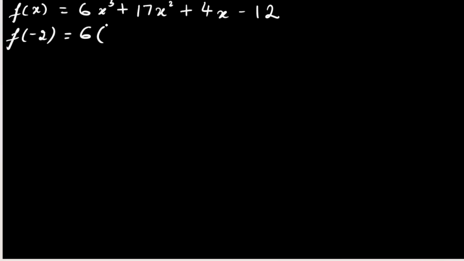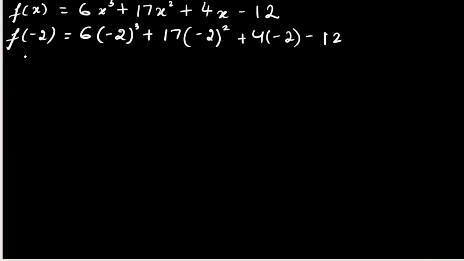So 6 into minus 2 cube plus 17 into minus 2 square plus 4 into minus 2 minus 12. Minus 2's cube will be minus 8. Cube of a negative is negative. So 6 into minus 8, when we multiply, it will become minus 48.